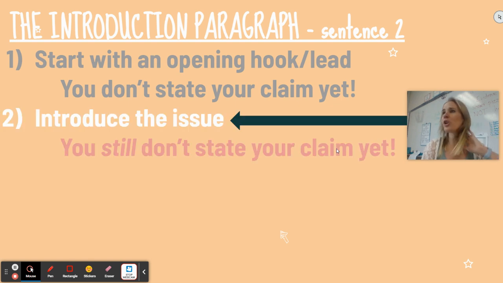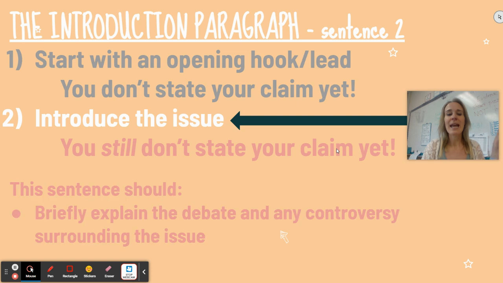Okay, so sentence number 2 is where you're going to now introduce what the issue is. You are still not stating your claim. Your opening hook doesn't state the claim. Sentence 2, where you introduce the issue, doesn't state the claim. Okay, and what it does is it just is going to briefly explain whatever the issue or debate is, okay, or any controversy surrounding that issue.